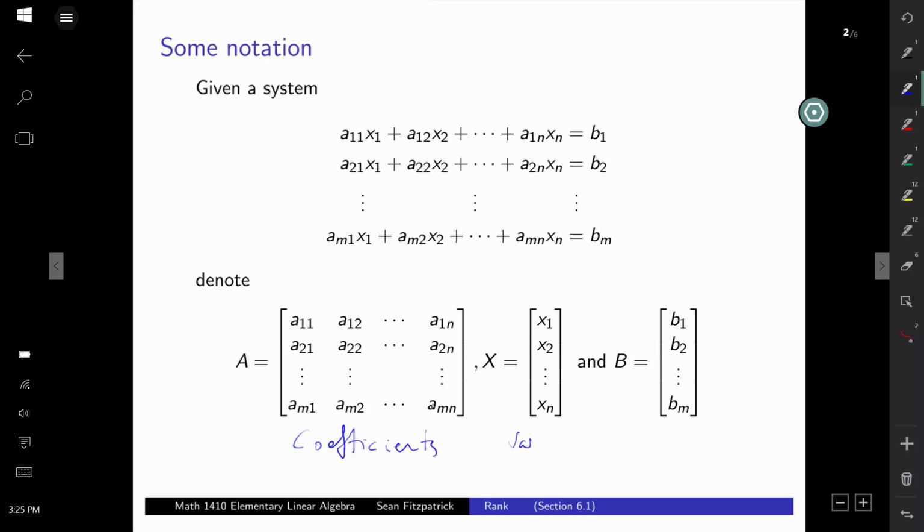We've got our vector containing our variables, and we've got our constants over here on the right hand side. If we use these three matrices A, X, and B, then this whole system can be gathered up and written in matrix form as simply A times X equals B.